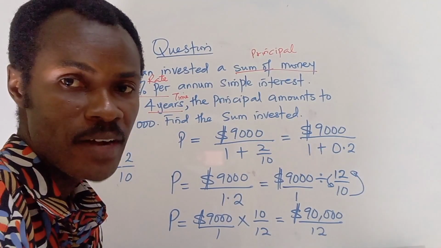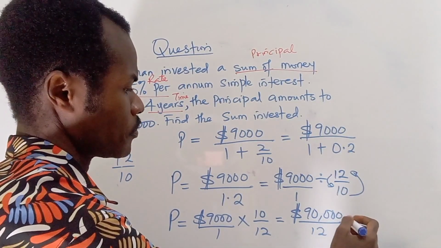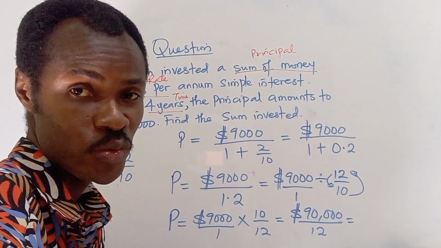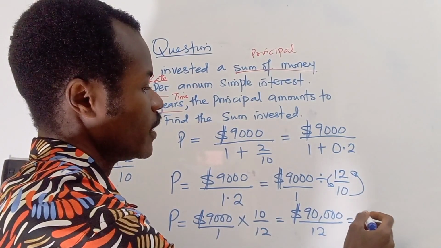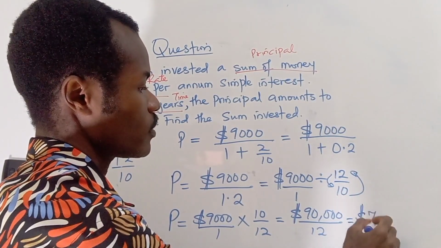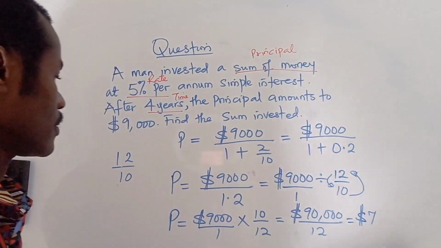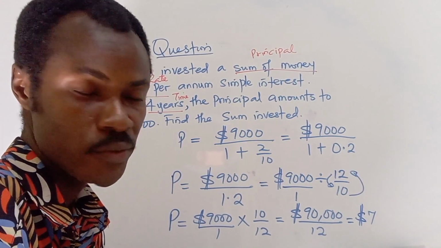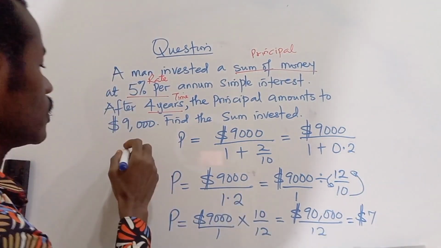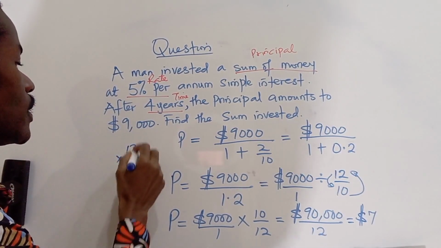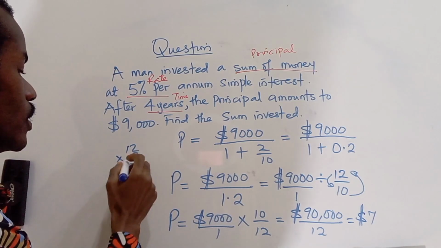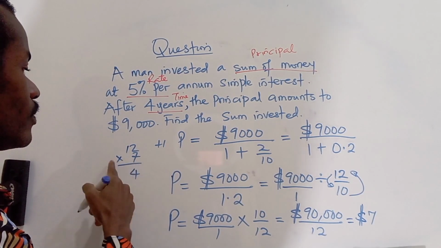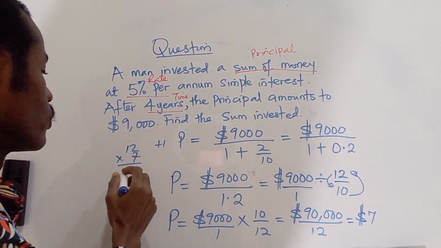If we divide that, what are we going to get? 12 into 90 gives about 7 times. Now 7 times 12: 7 times 2 is 14, we have 1; 7 times 1 is 7, plus this 1 is 8.